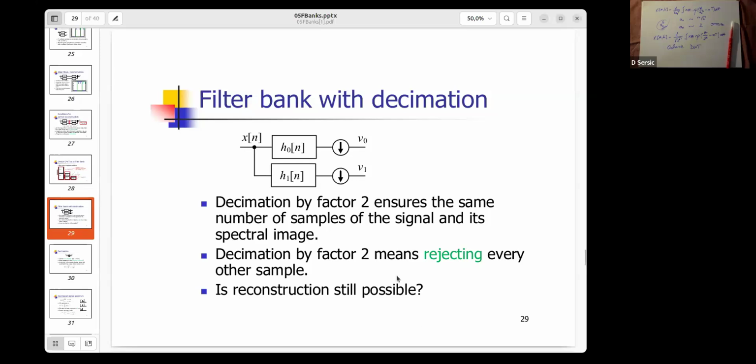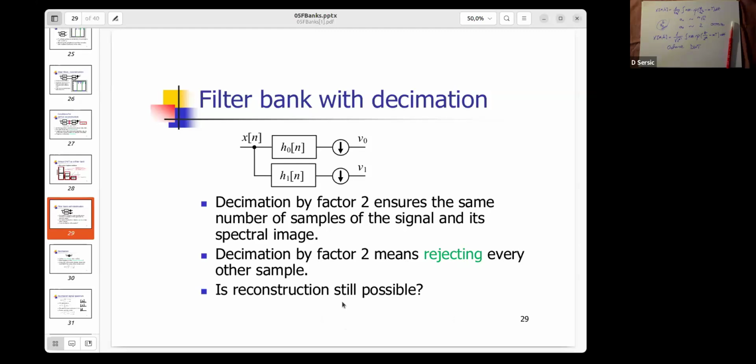That's why we are calling that decimation. But to decimate the legion, of course, we will not kill anybody. We are just killing samples of the signal. Decimation by factor of 2 means rejecting every second sample.